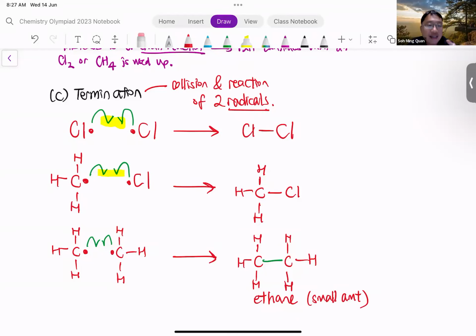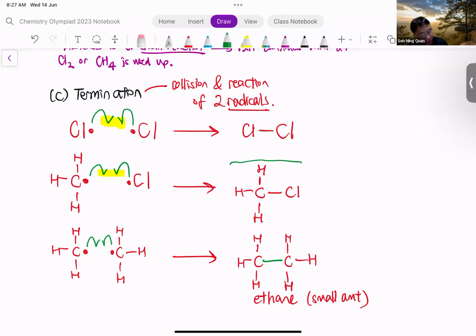So the idea behind termination is that the radicals must collide and react. Therefore, the reaction will stop because it's the radicals which are very reactive that are powering the reaction forward. They are propagating the reaction. Now, of course, we have learned, will the reaction simply stop at one chlorine being substituted? It may not, right?